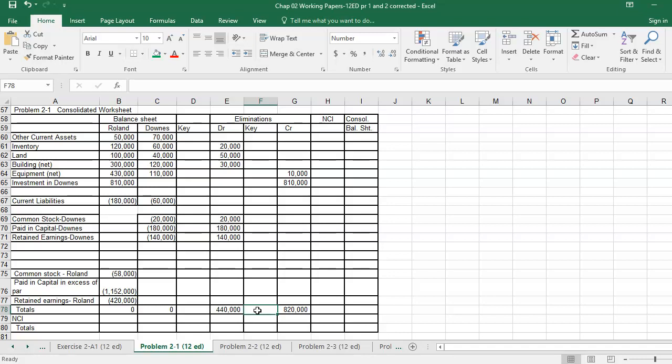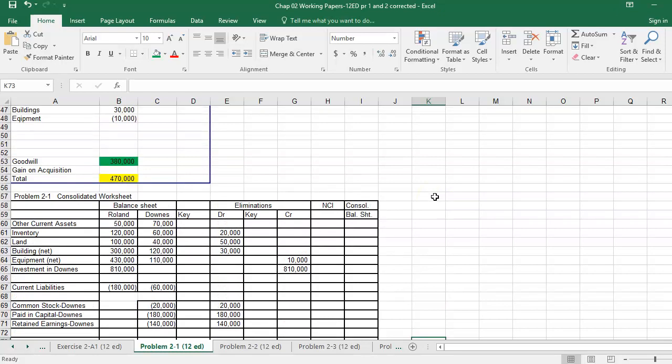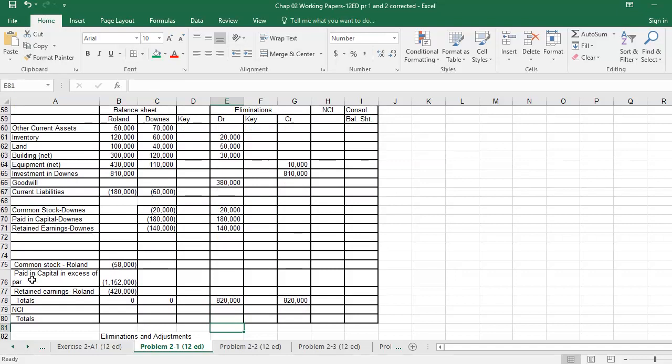All right, we're off by $380,000. Have y'all seen that number somewhere before? Let's go up here and look. You see this goodwill? All right, goodwill needs to come on here as well. Okay, so goodwill is my 380. It needs to be added in here. All right, and now notice this all balances out.